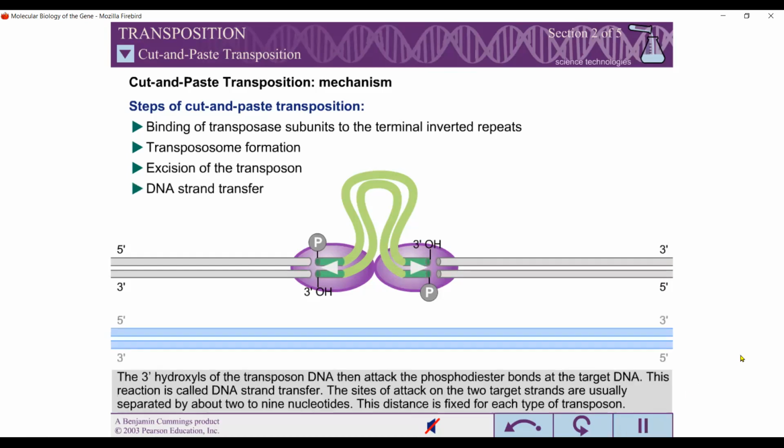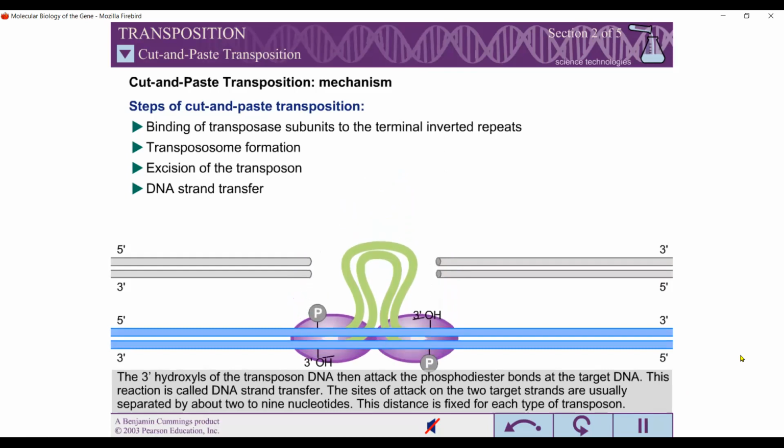Now DNA is transferred. So this is the target site, and you can see the 3' OH is attacking the target DNA. This reaction is called DNA strand transfer. As I said, the sites of attack on the two target strands are usually separated by 2 to 9 nucleotides. A staggered cut is made.